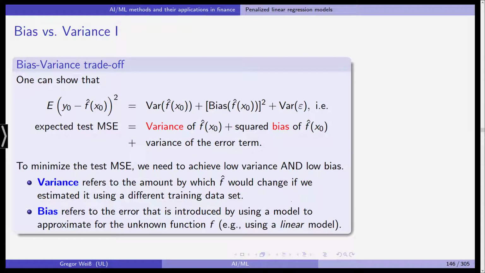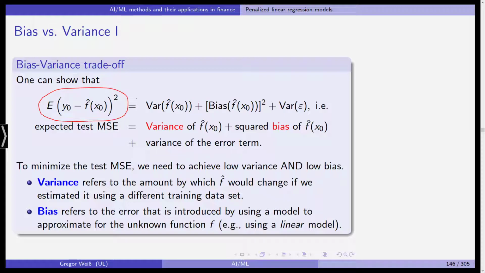Now, you can show that if we are interested in the expected test mean squared error, so the expected error on average, if we square root the error, of a test observation which has not been used in fitting the model, which is on the left-hand side here. We highlight this for you. This is the expected test mean squared error.